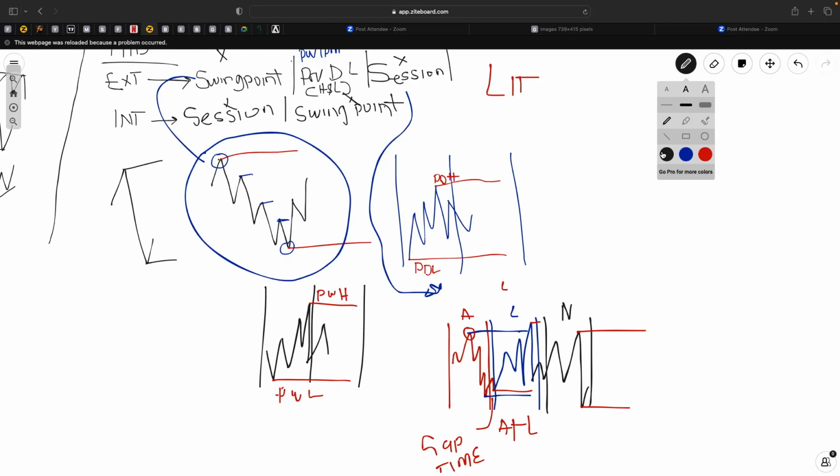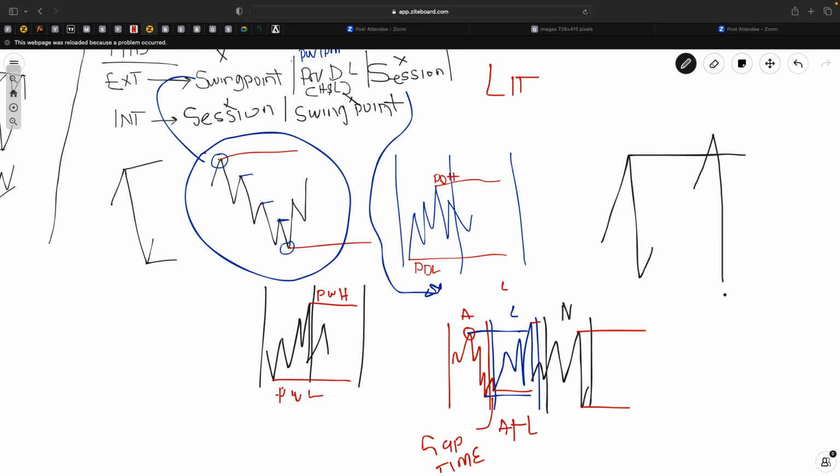There's a lot of misconception that people have. They feel like if this point is a liquidity area, anytime the market grabs liquidity, it needs to reverse.